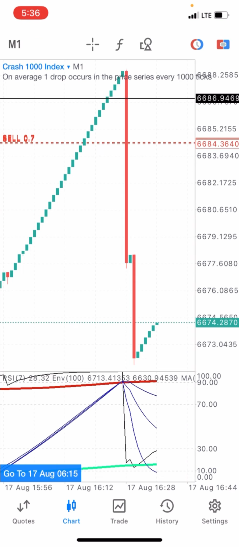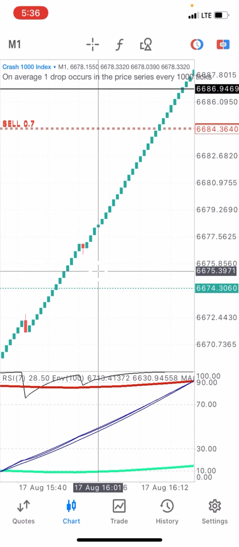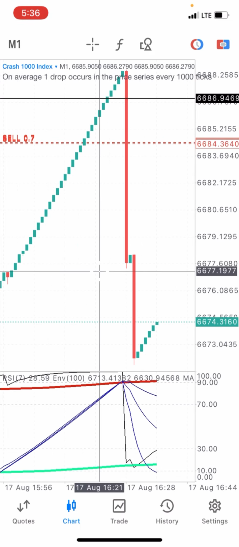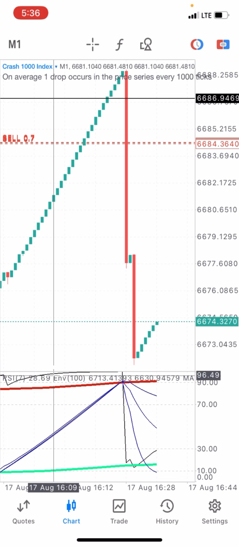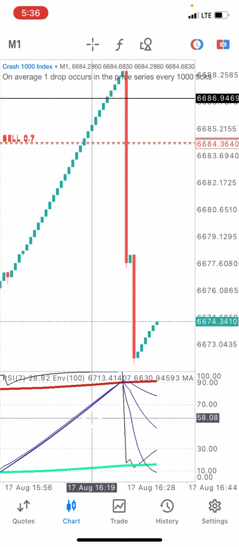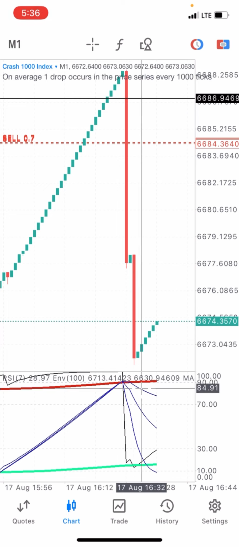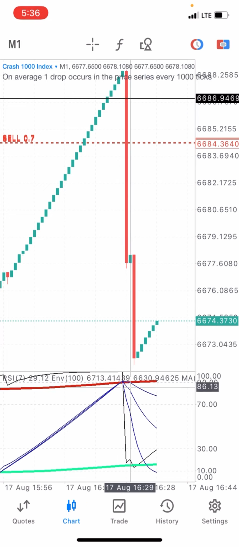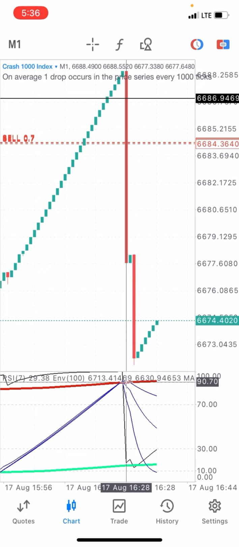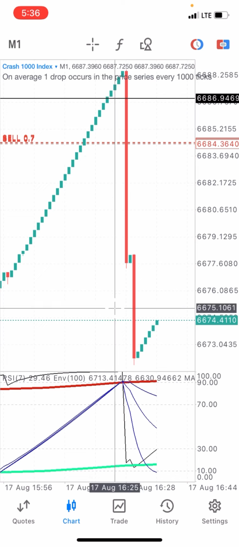So just look at this, guys. Whenever you see your indicators, the moving average, the blue lines here, converge at this level, the overbought level here, you want to take your trade at that level.